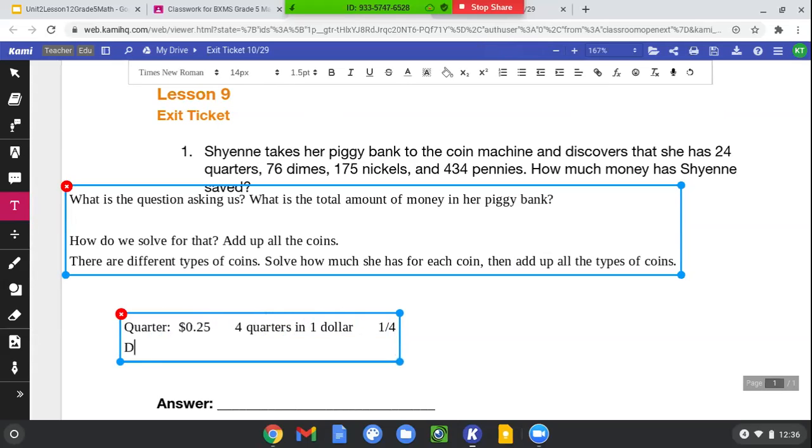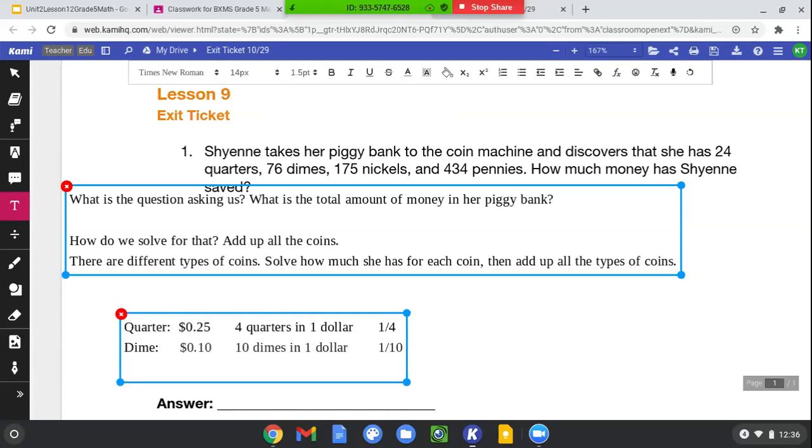Then she has dimes. Let's go through dimes. Okay, a dime. 1 dime is 10 cents. 10 dimes in $1. And that's the fraction. Nickel. 1 nickel is 5 cents.